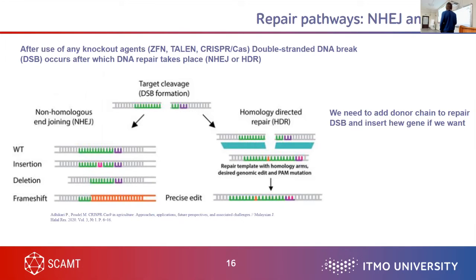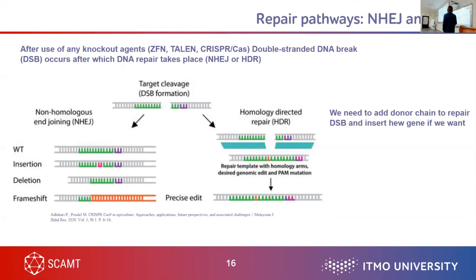The second way is non-homologous end joining, NHEJ. This pathway occurs if we just don't add donor DNA. So there will be four scenarios. The first one: DNA will be repaired to the wild type structure. Wild type means DNA will be the same as before the double-stranded break.